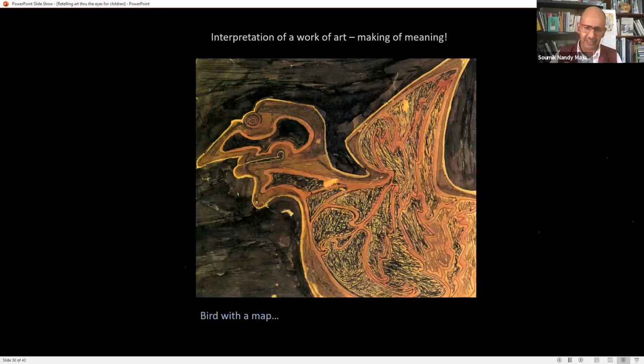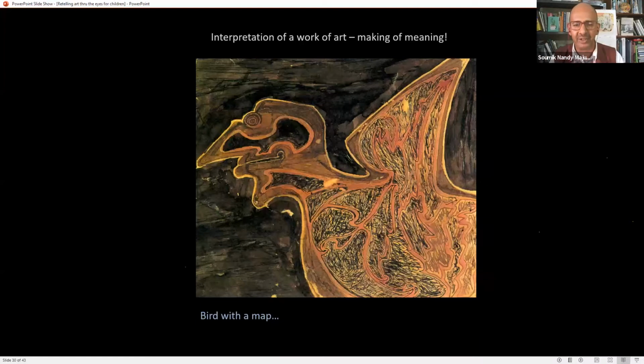Now, coming back to the bird, as we know, interpretation of a work of art is also about the making of meaning. And in this particular case, the children of Patha Bhavana came up with some absolutely surprising and wonderful interpretation when we were trying to understand why Rabindranath made so many scratches and marks on the wings and the body of this bird.